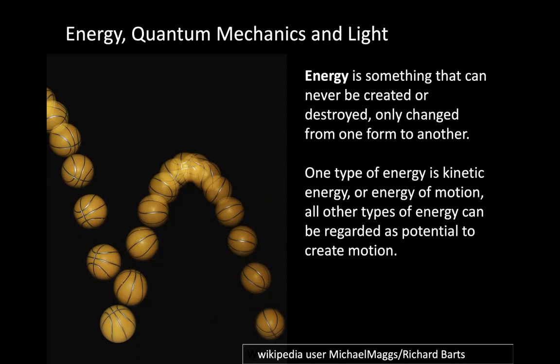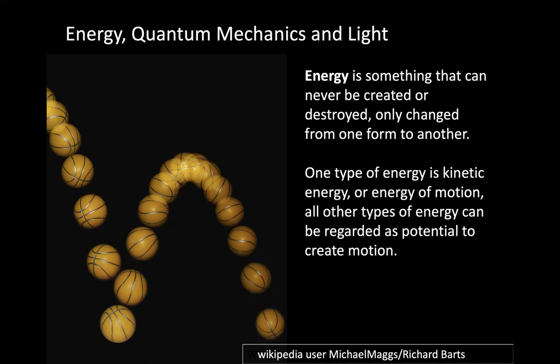So energy can change in form, but not in amount. Now, one form of energy is kinetic energy, energy of motion. Something moving has energy because it's moving. All other forms of energy, since energy can be transitioned from different forms, can be regarded as a potential to create motion.